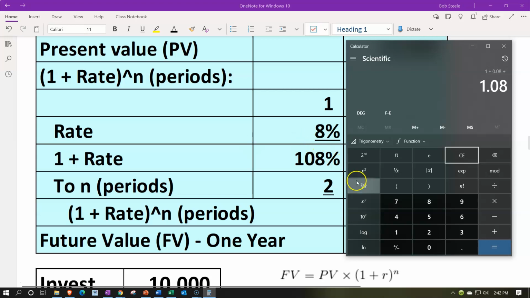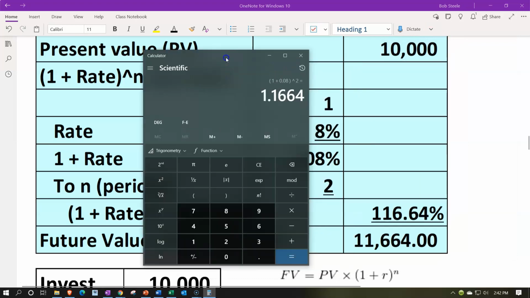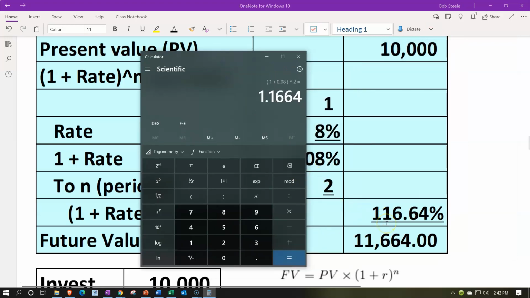And then I'm going to take that, and I could hit this one, but instead I'm going to hit this item down here, and then that puts the little caret up top to the power of 2. And that's going to give us then our 1.1664, and then I'll take that times the 10,000, and that'll give us our 11,664.